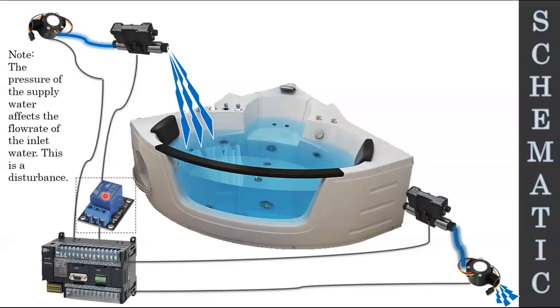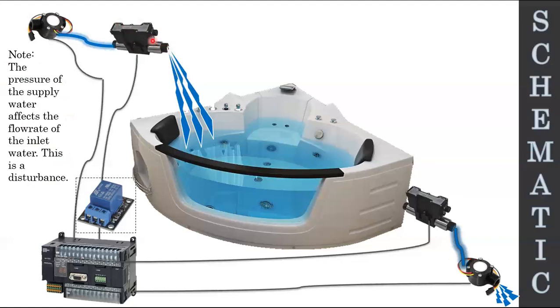So, please take note also that in our assumption kanina, no, the pressure of the supply water affects the flow rate of the inlet water. And that is a disturbance. Sabi natin, nakukontrol natin ang flow rate by adjusting the percent opening nitong inlet valve. Okay, so nababago natin yung flow rate.